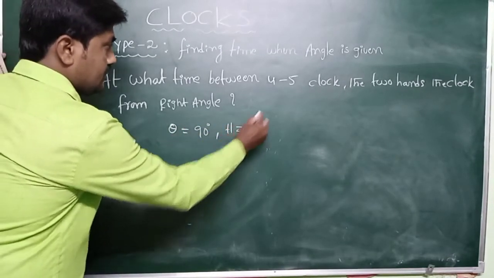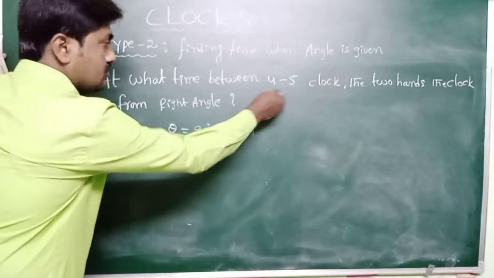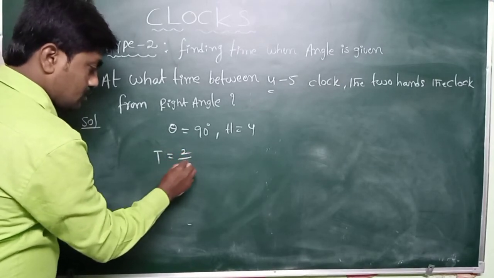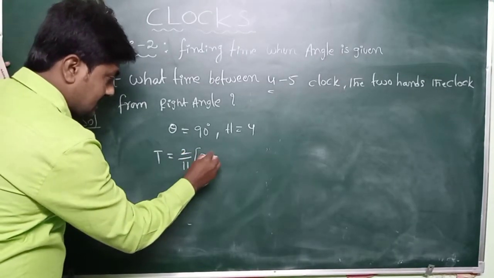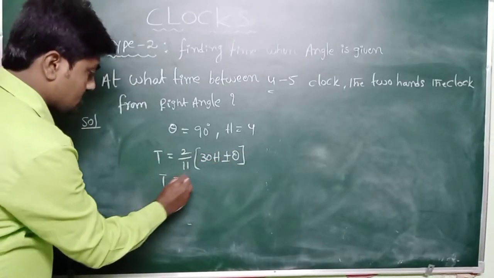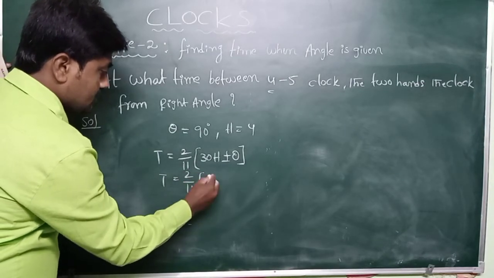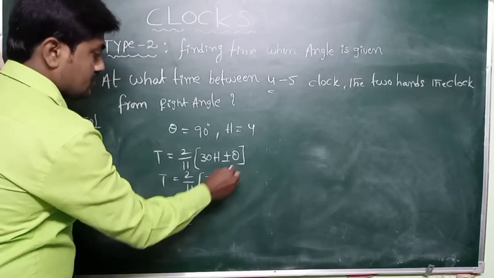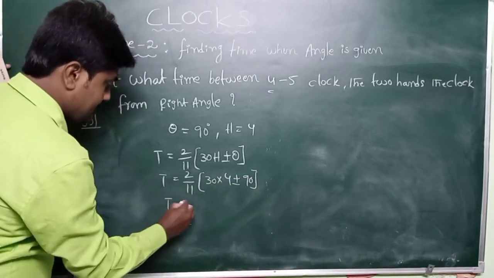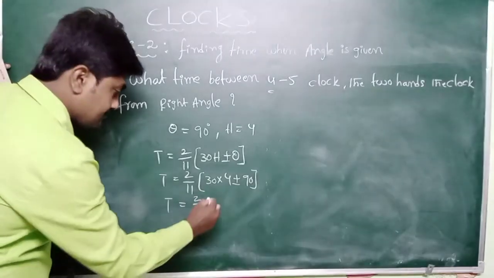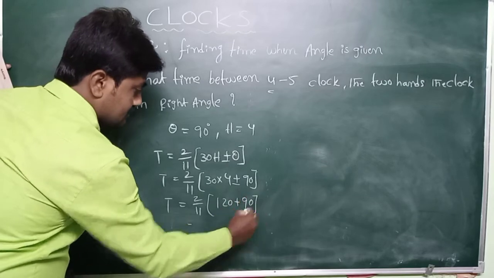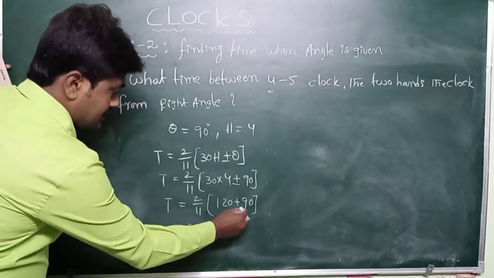The initial time h is 4. Same formula: time is 2 by 11 into (30h plus or minus theta), so 2 by 11 into (30 into 4, which is 120, plus or minus 90).